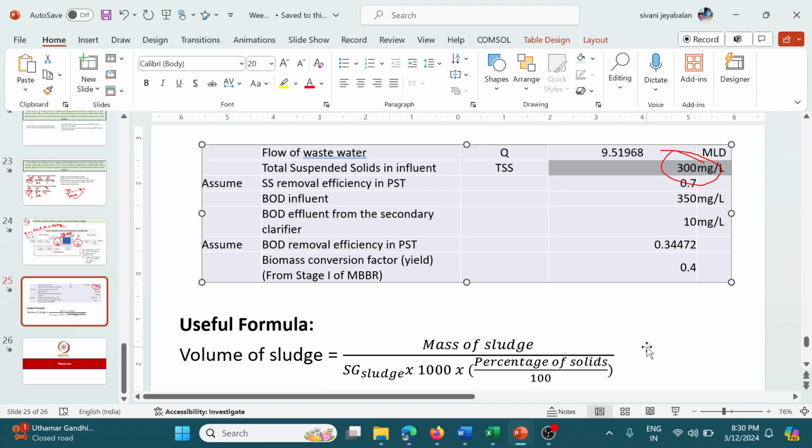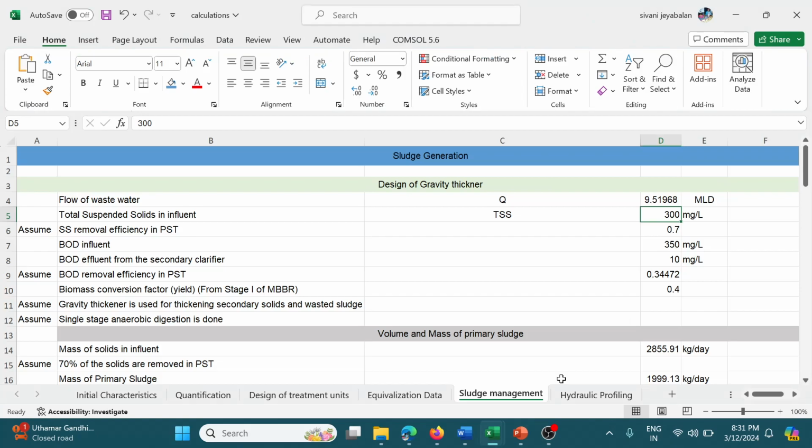Just multiply both the things and tell me. It's 28559.04. Correct, that is okay.